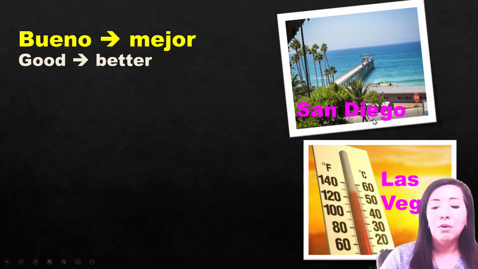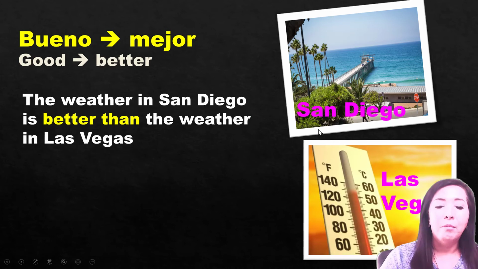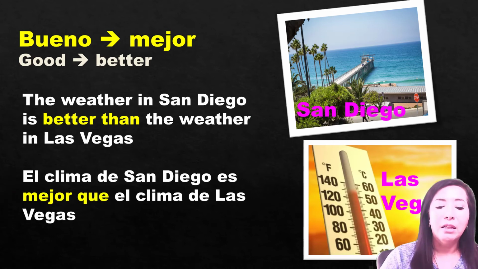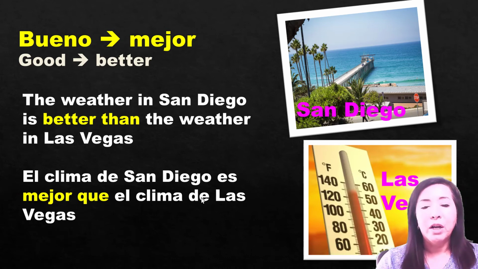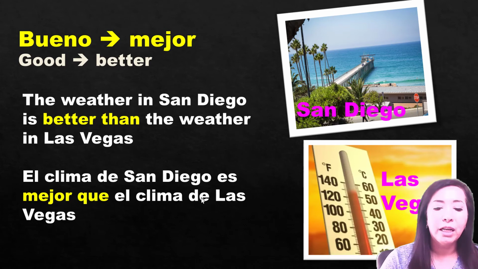So I would say that the weather in San Diego is better than the weather in Las Vegas. Better than. How do I do that? Mejor que. Okay? Again, bueno, better, mejor. Here I'm not saying more good or más bueno. I'm saying mejor. Mejor que el clima.